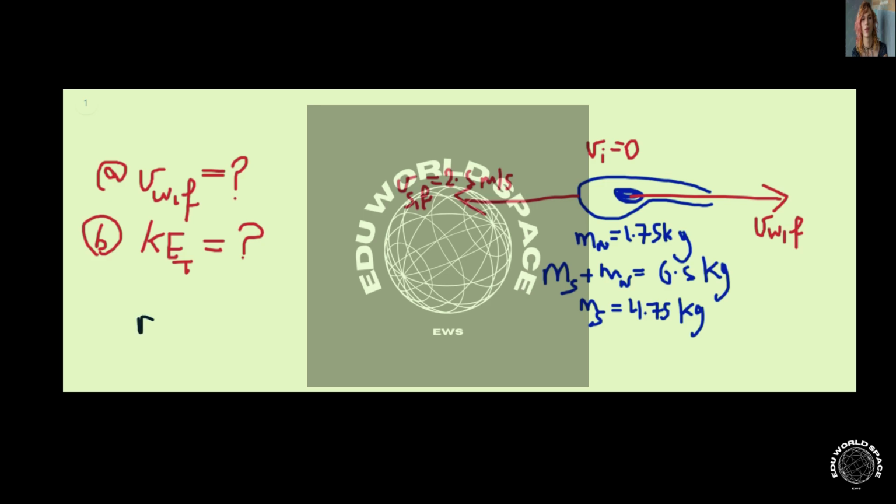Initially we have a squid, and inside the squid cavity there's some water. So together they are one physical system. Whereas finally, after the expelling of the water, we have the squid and the water expelled as two different objects. So the number of particles after the expelling is 2.